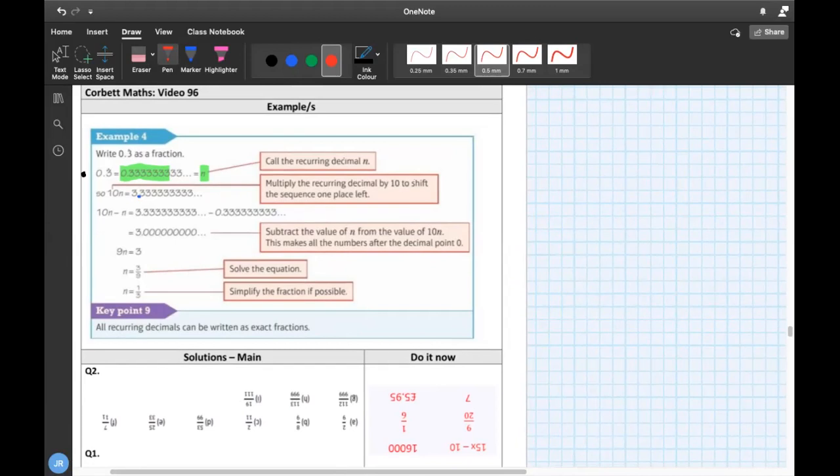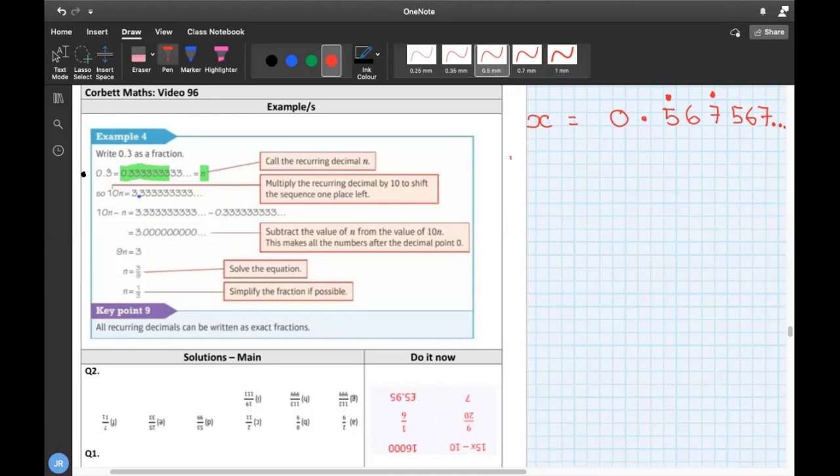Let's do x is equal to 0.567567. Let's just imagine that's going on and on. So this time our recurring digits are 5, 6, and 7. We have 3 recurring digits.